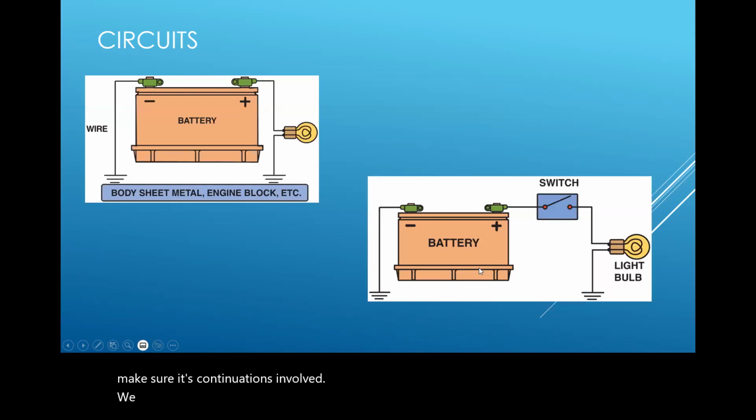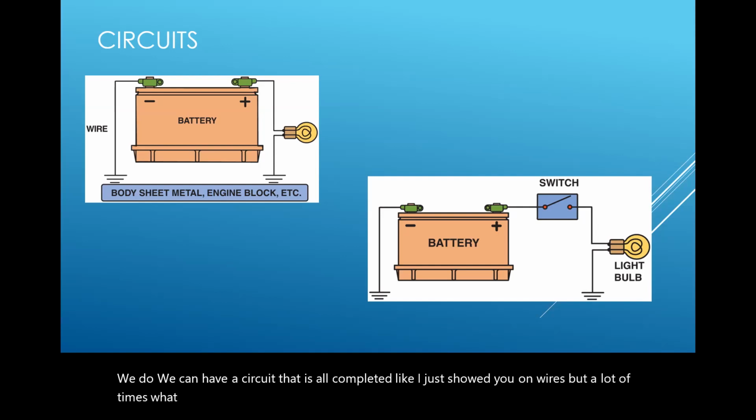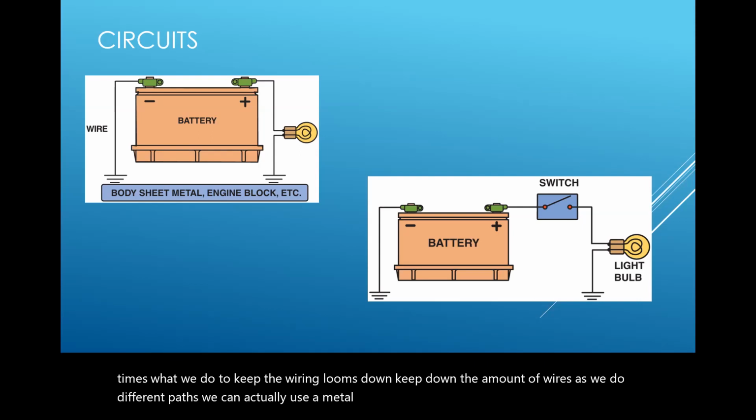We can have a circuit that is all completed like I just showed you with wires, but a lot of times, to keep the wiring looms down and keep down the amount of wires, we use different paths. We can actually use a metal body. The frame on the car can actually be part of a ground circuit.